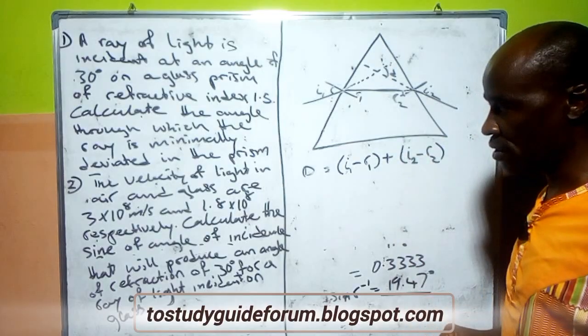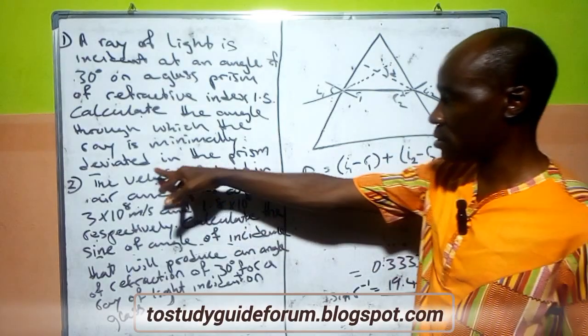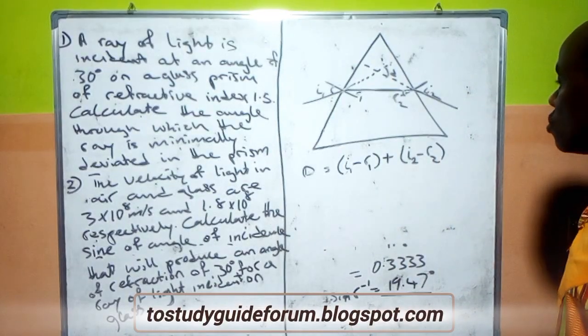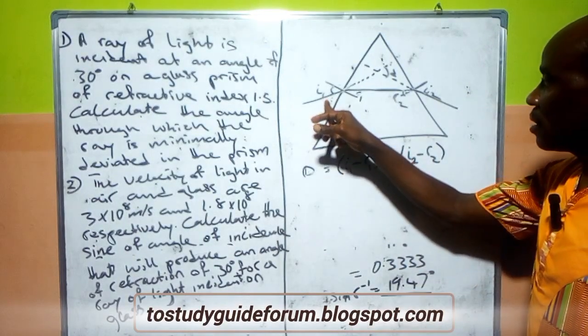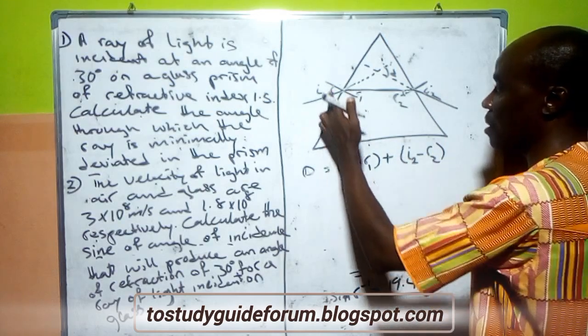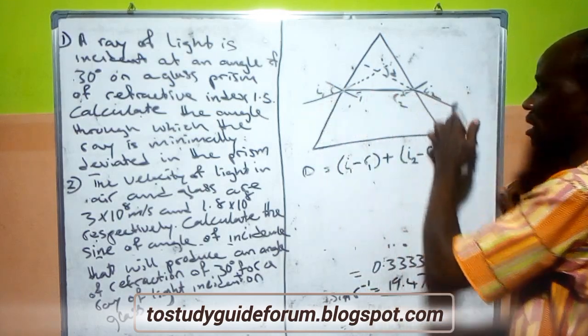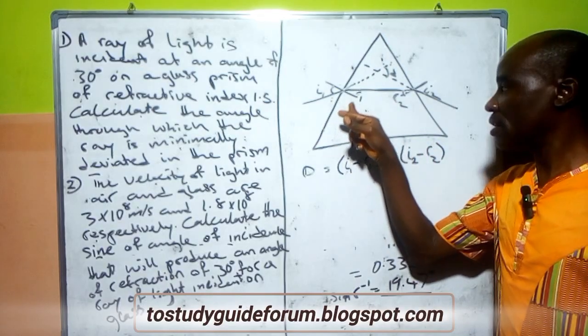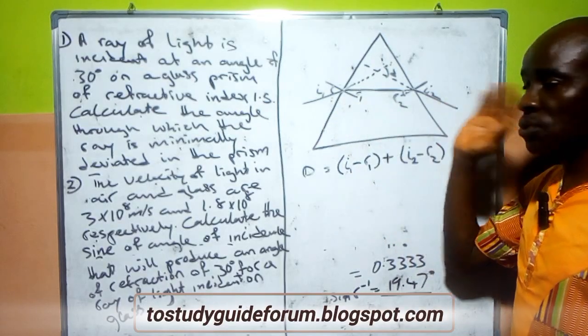That will give us the deviation. Since the angle of deviation is not given to us here, what are we going to do now? The incident ray here and the incident ray there are equal. The refracted rays R1 and R2 are equal.